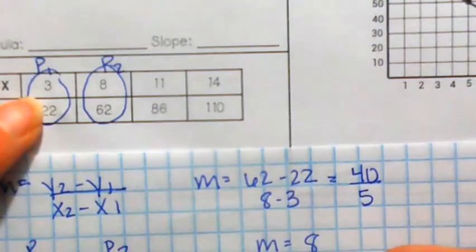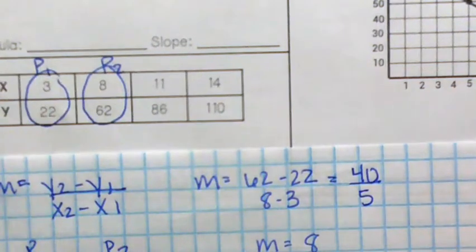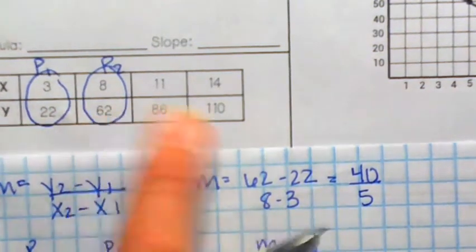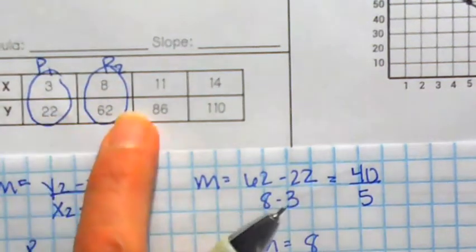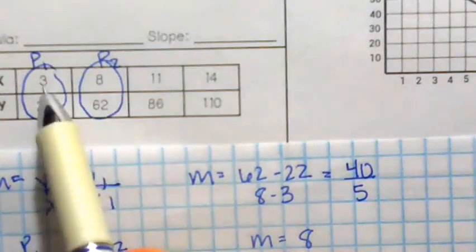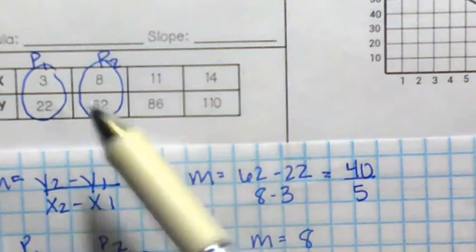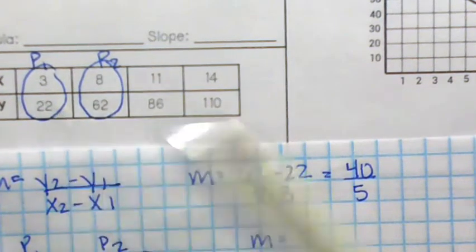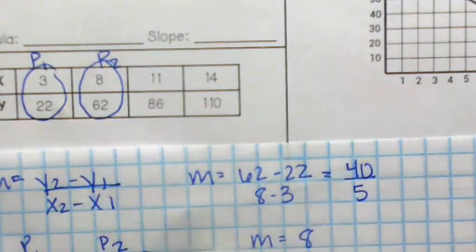So every time x would go up by 1 here, but it's not, it's going up by 5 here. So really it's going up by 40. Every time this goes up by 5, this goes up by 40. If x was going up by 1, this would be 1/5 of that. A fifth of 40 is 8.